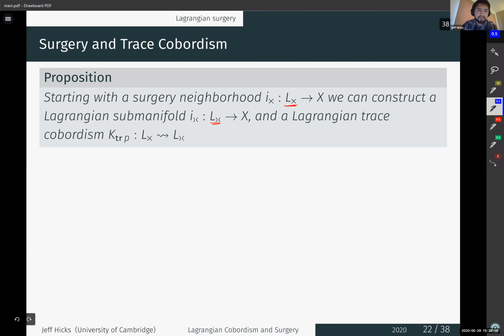And let me just draw how we construct this Lagrangian trace cobordism.